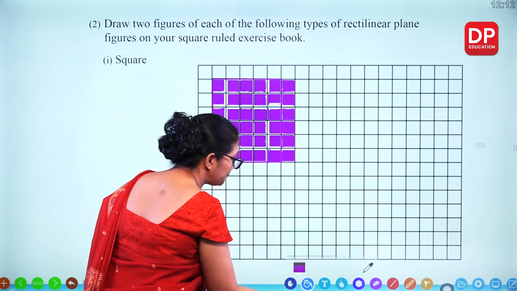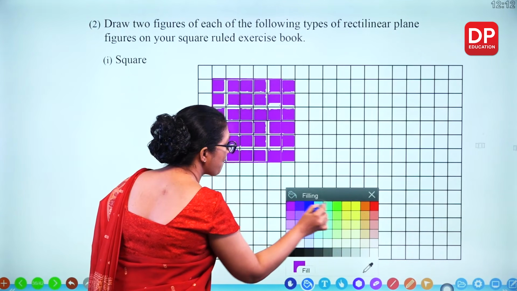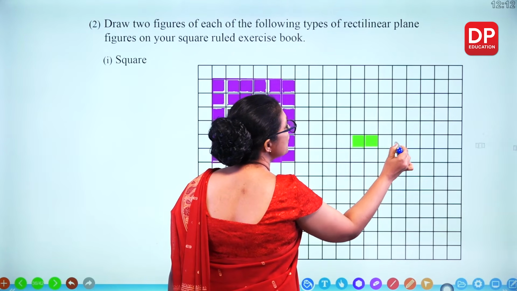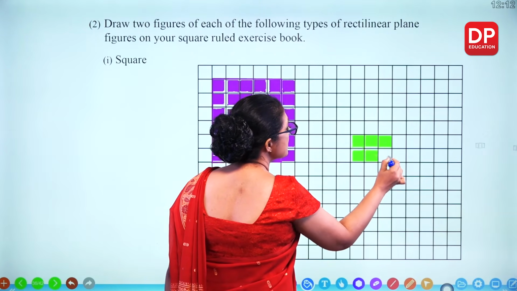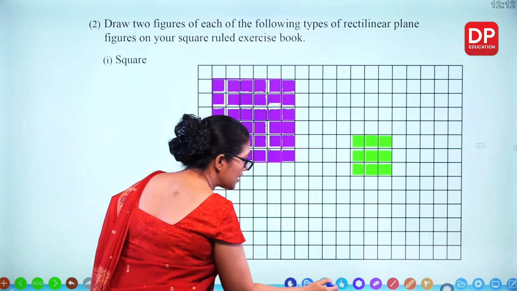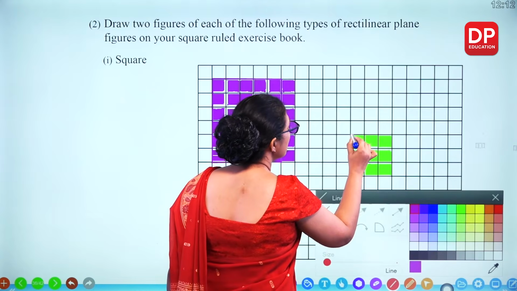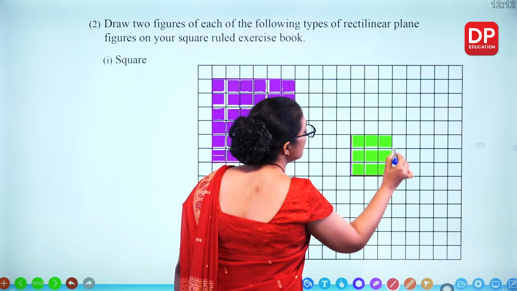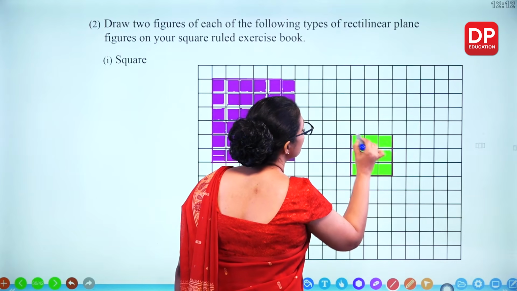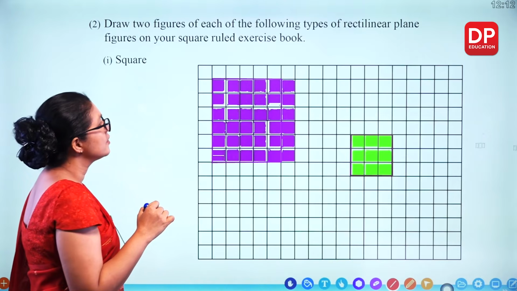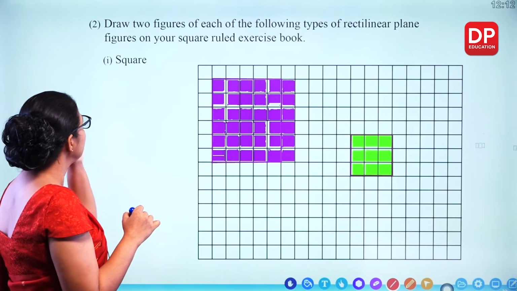We'll take 3 by 3. 1, 2, 3, 4, 5, 6, 7, 8, 9. So that's also another square. So 2 squares.